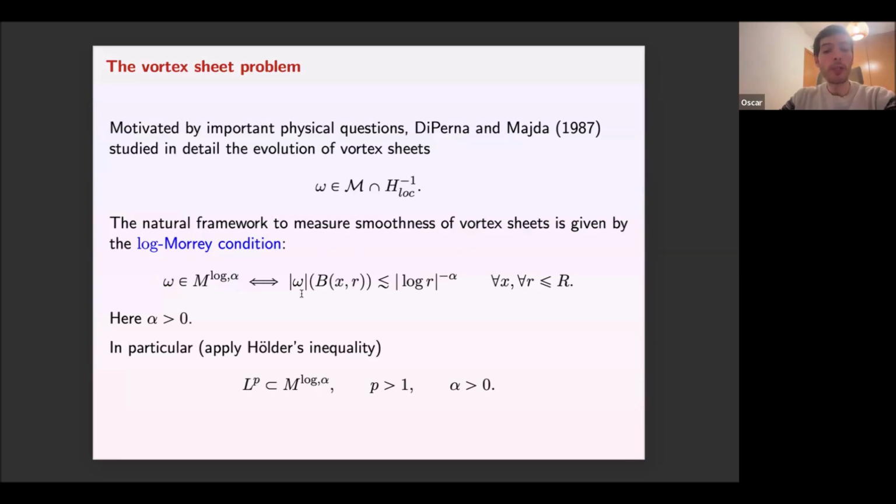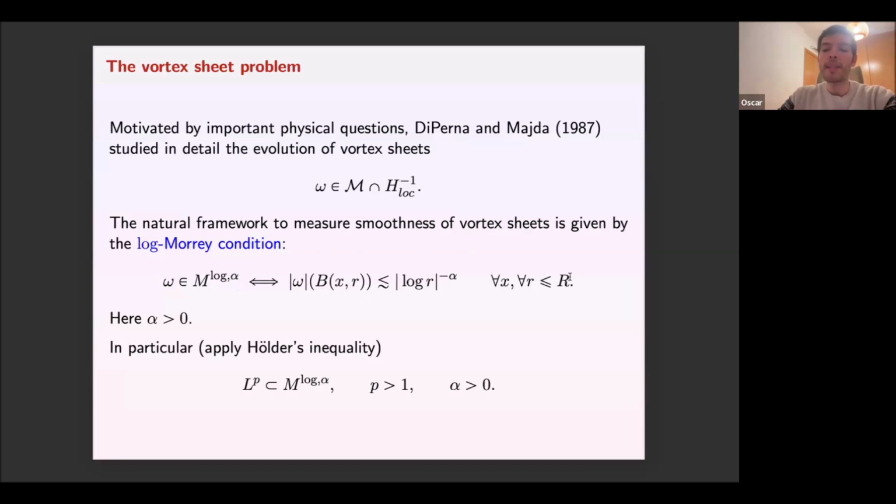That is, the total variation of the measure of every ball with center x and radius r can be uniformly bounded by the log of the radius to the negative power alpha. And this bound should be uniform with respect to x and r, assuming that r is sufficiently small.